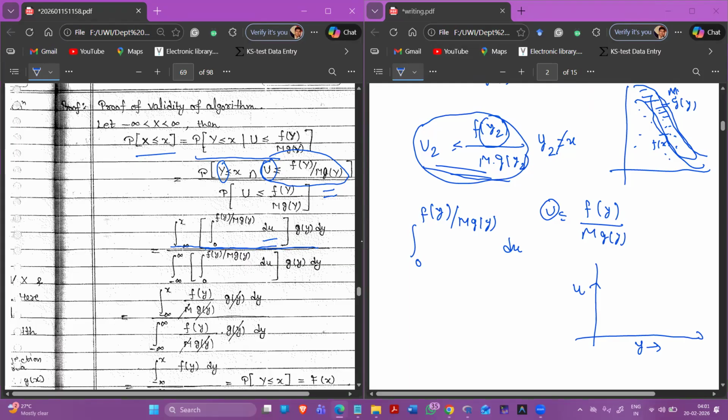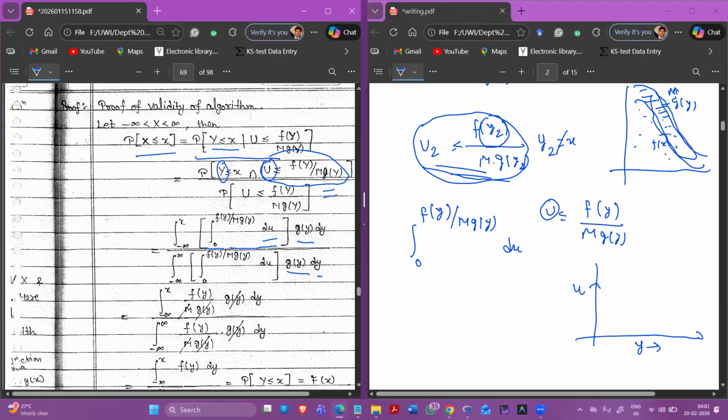First we integrate over this range, then we integrate over y from minus infinity to x with the density gy, the density of y. That's why we write dy, right? After that, in the denominator, we are integrating over the range of minus infinity to infinity for gy dy.